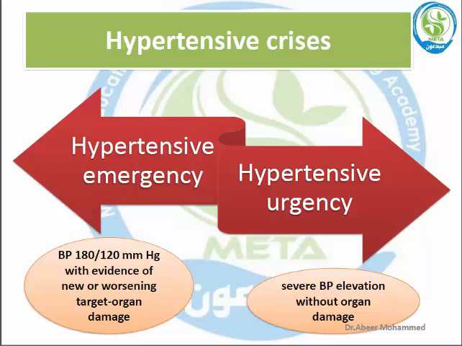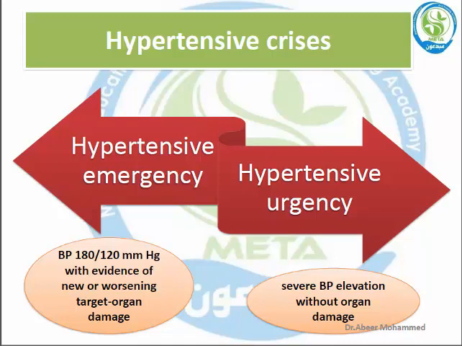Hypertensive emergency is when the patient presents with elevated blood pressure with evidence of new or worsening target organ damage, like new evidence of renal impairment, new evidence of any cardiac disease, or if the patient already had a chronic organ disease, it will be worsened, becoming acute on chronic.